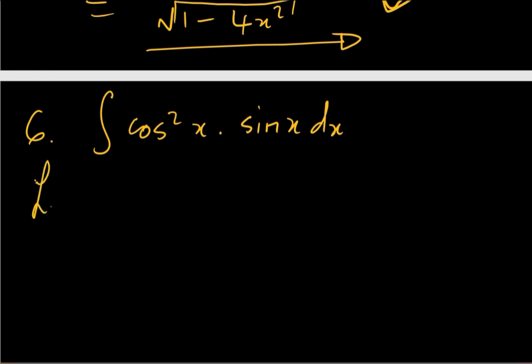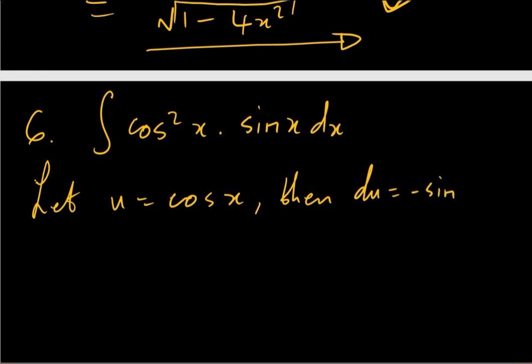So let's do this. Let u equal cosine x, then du is negative sine x dx, and then this is what will happen. So we'll have the integral of cosine squared x times sine x dx.